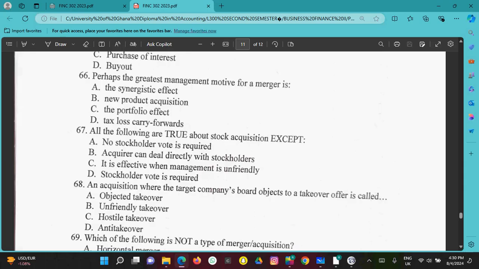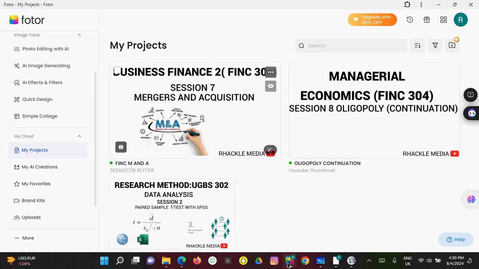This is perhaps the greatest management motive for a merger: the synergistic effect. That's the synergy, right? So number 66 is A.